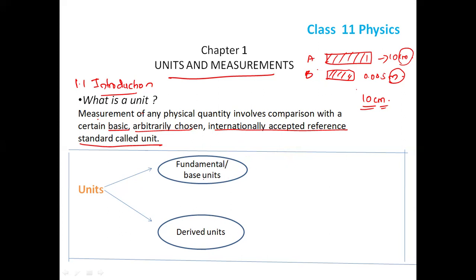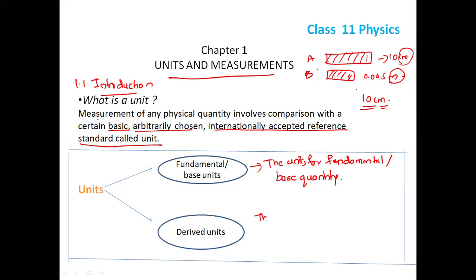The units used for specifying the fundamental or base quantities are called the fundamental units or base units. Through their combination, you can represent all the other quantities, that is, the derived quantities.